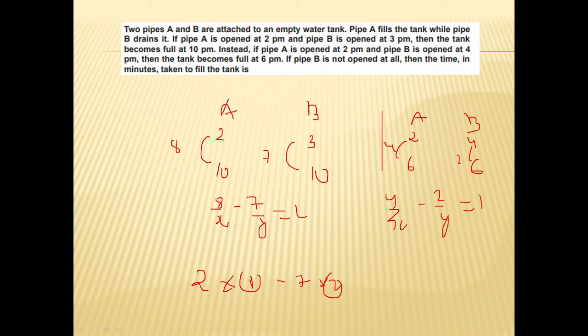The question is asking for the time taken to fill the tank, which means we need x, so eliminate y. We get x equals 2.4, and 2.4 into 60 gives 144 minutes as your answer.